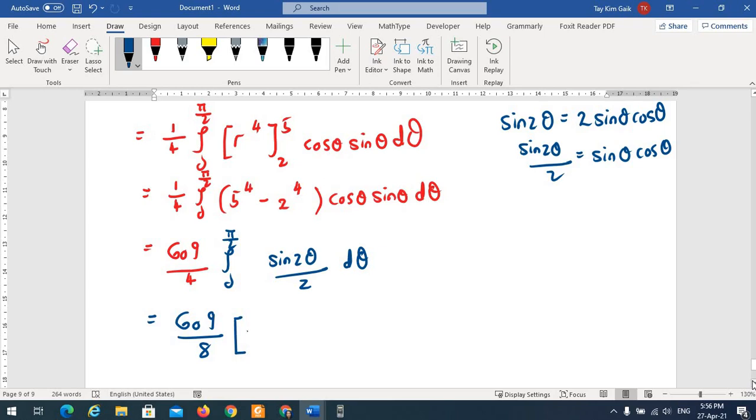Integrate sin 2 theta: it is negative cos 2 theta divided by 2. If you differentiate negative cos 2 theta over 2, you get positive sin 2 theta. Then from 0 to pi over 2.